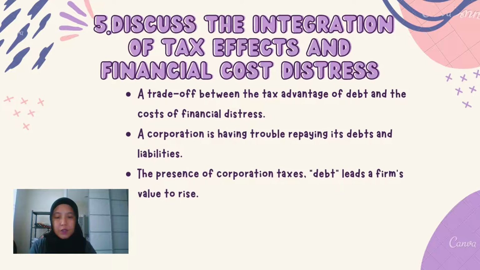This approach is frequently called the static trade-off theory of capital structure. Cost of financial distress is the expense of a situation in which a corporation is having trouble repaying its debts and liabilities. Indirect costs, conflicts of interest, bankruptcy costs, and greater capital expenditures are all significant costs linked with financial difficulties.